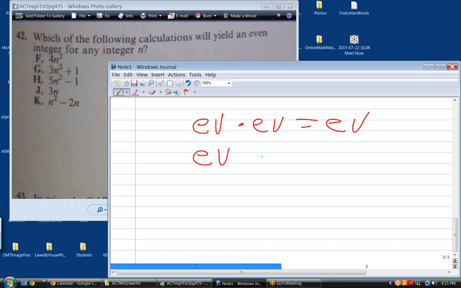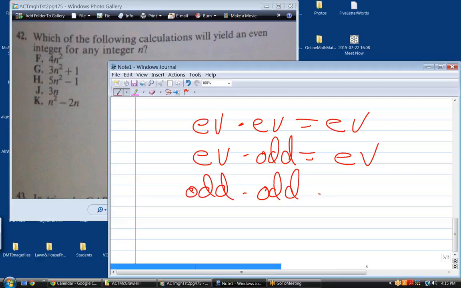Okay. Yeah. And the thing to know is that even times even is always even. Even times odd is always even. The only thing that's ever odd is odd times odd, which is odd, okay? So, you know that if n is even, n squared is even, even number times even, that's going to be even.